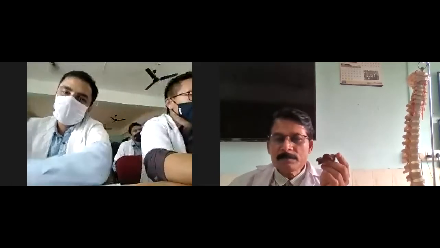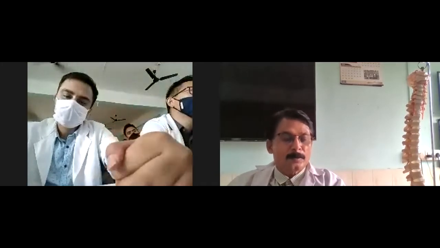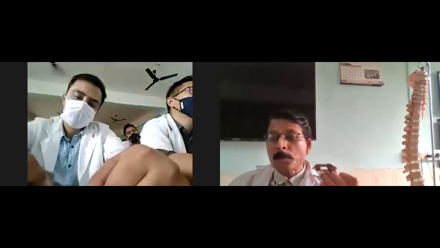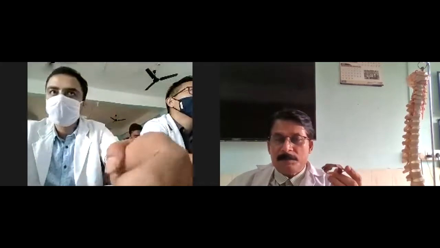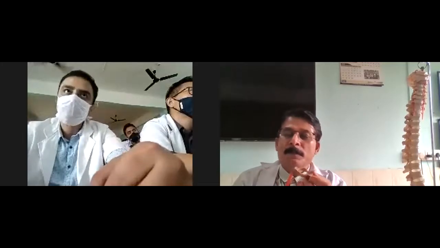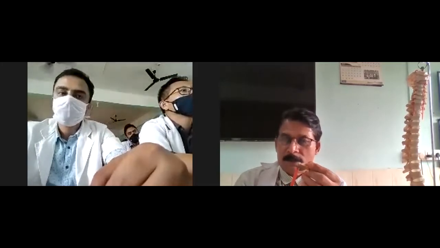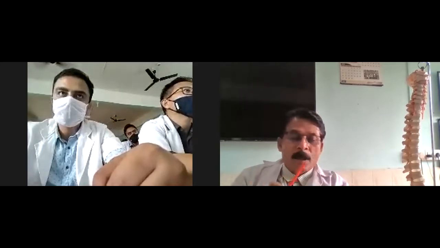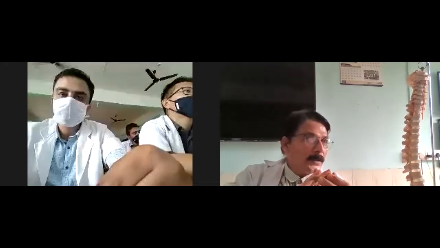Quickly, C1 is also known as atlas, which is devoid of any body. And the cervical vertebra can be differentiated from the other vertebrae by the presence of the foramen transversarium. This is important. And C1 and C2 are different.